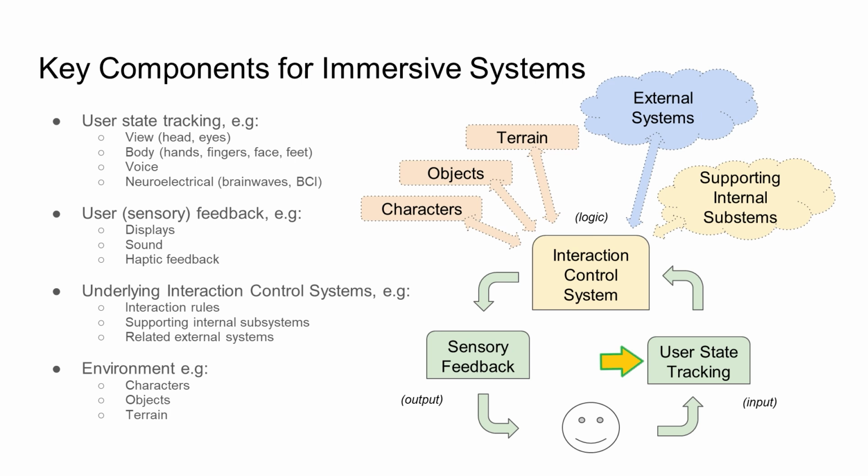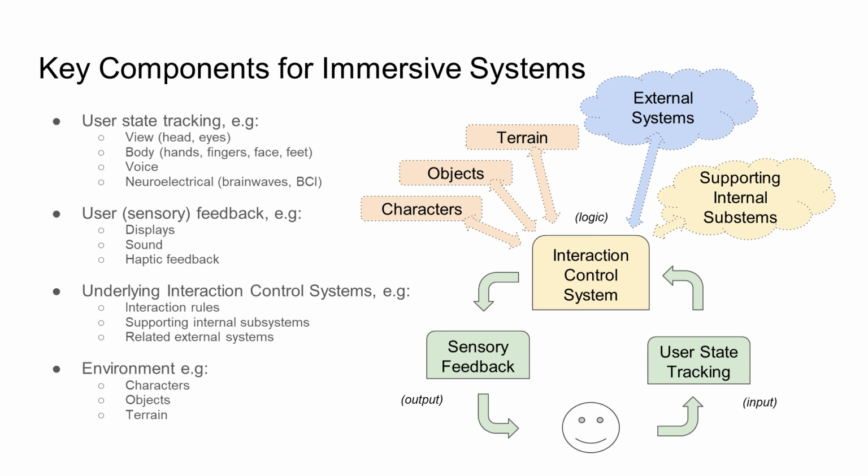If we're lucky enough, we might even have access to their brain waves, or any other type of neuroelectrical signals that they might be giving off, like muscle signals around your wrists to know how your hands are oriented, or heartbeats. So essentially, we need to know what our user is currently doing.